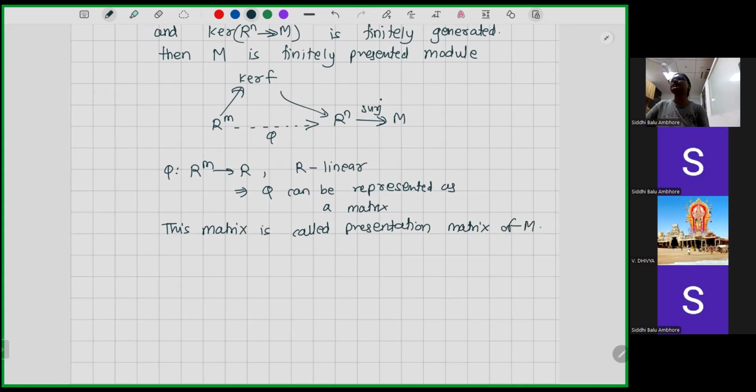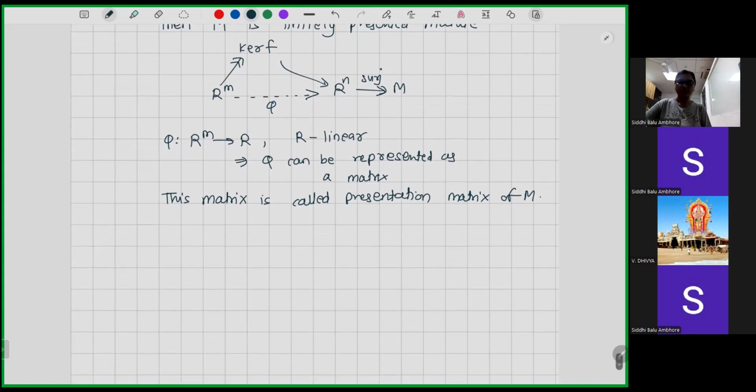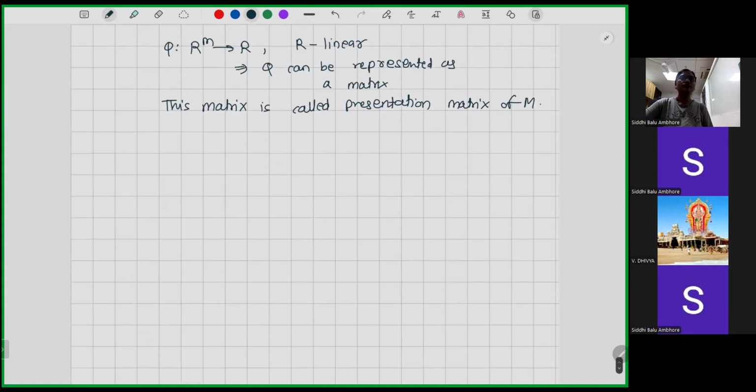Because this R^n, which we are factoring through this kernel and everything, are all obtained from the original module M. So how to do this? How to calculate this?